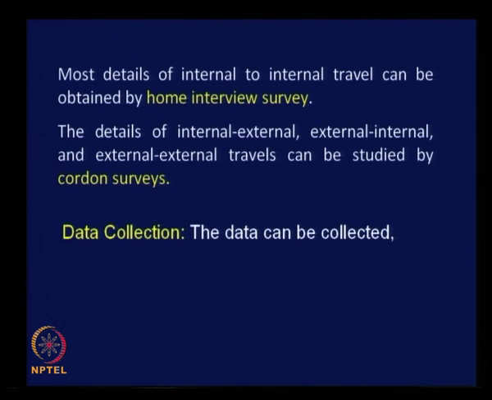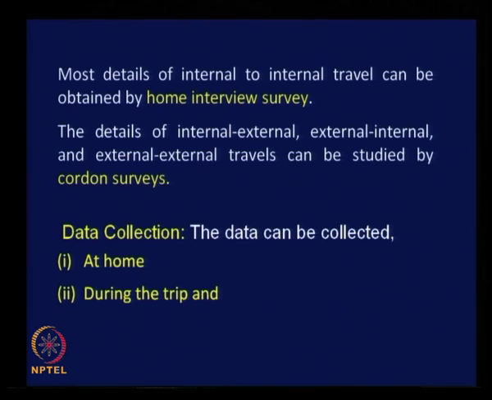And data collection in general can be done by 3 possible ways. You can meet people at home and collect the information about the trips made by each member of the family, right, that is one way.